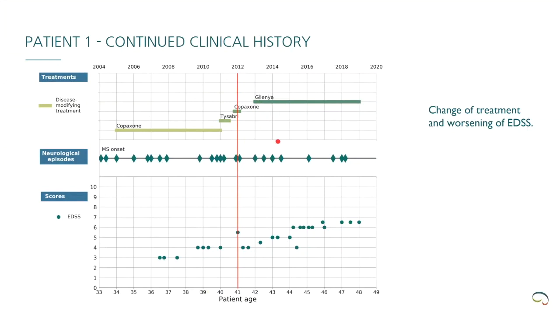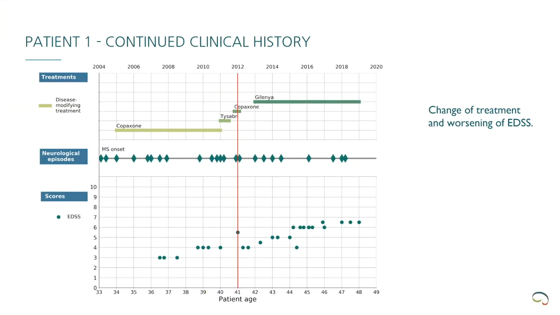Since Tysabri was no longer an option at that point in time in Belgium, Gilenya was, according to our feelings at the time, a good choice for this patient. So the EDSS kept worsening.